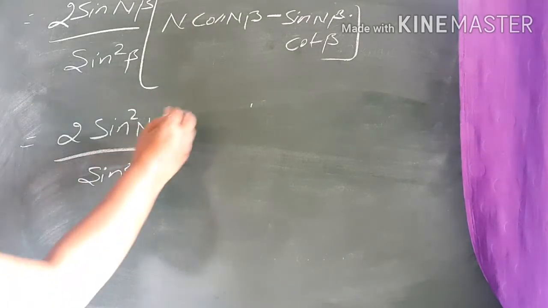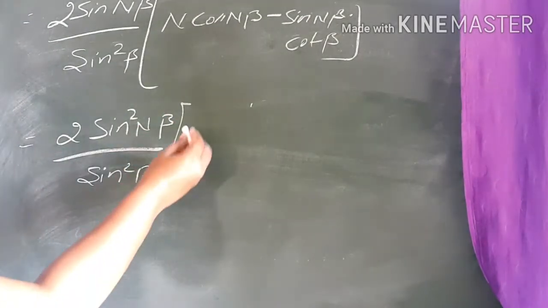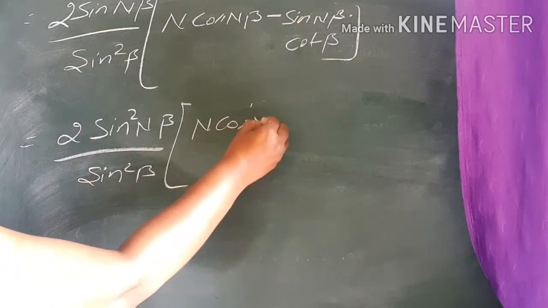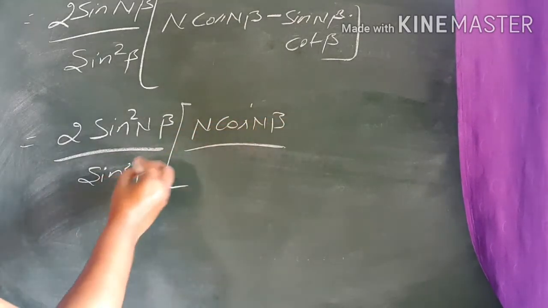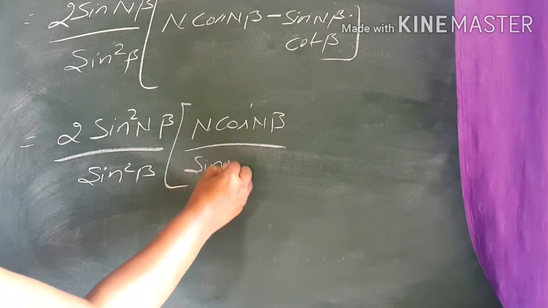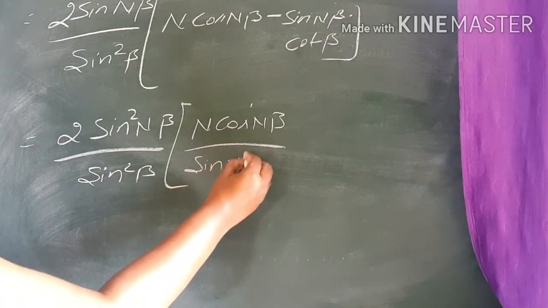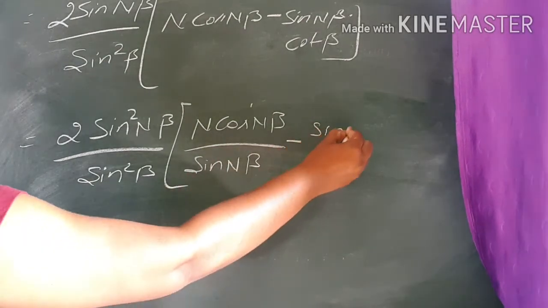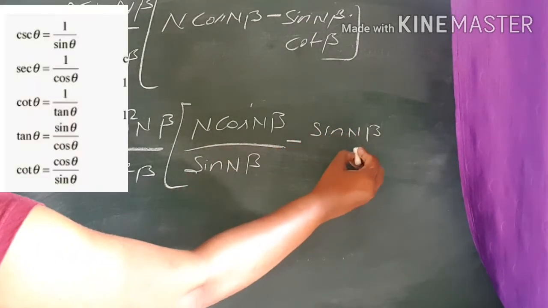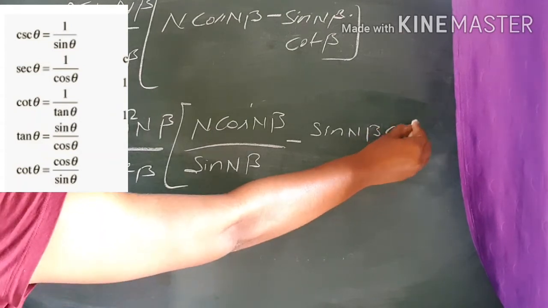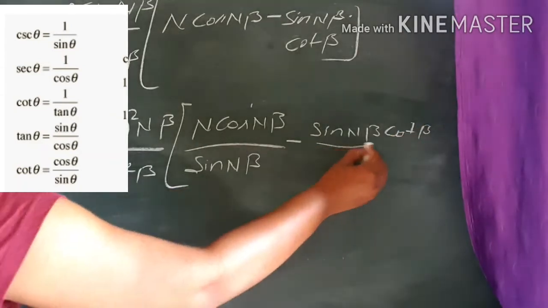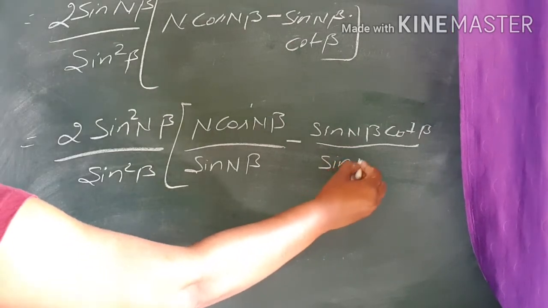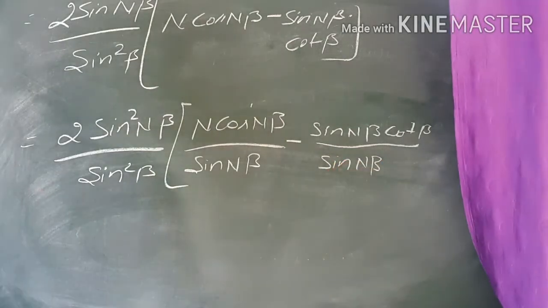Okay, and divided inside, n cos n beta divided by sine n beta minus sine n beta into cot beta divided by sine n beta.